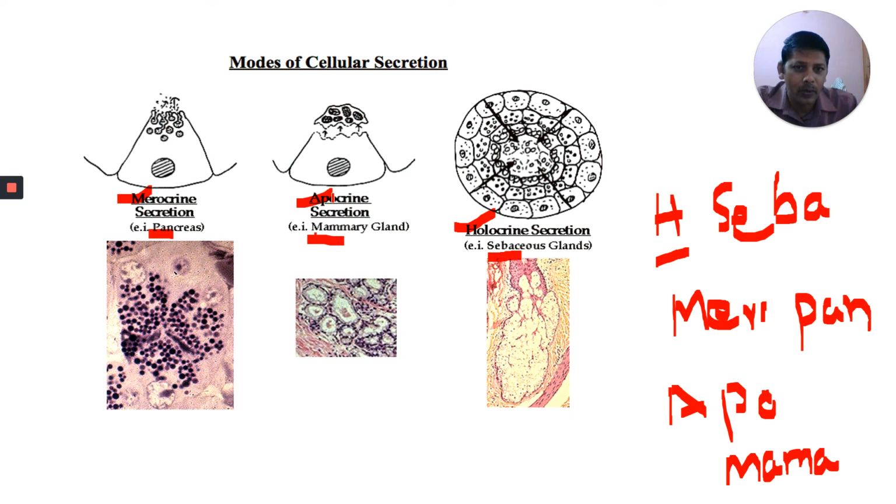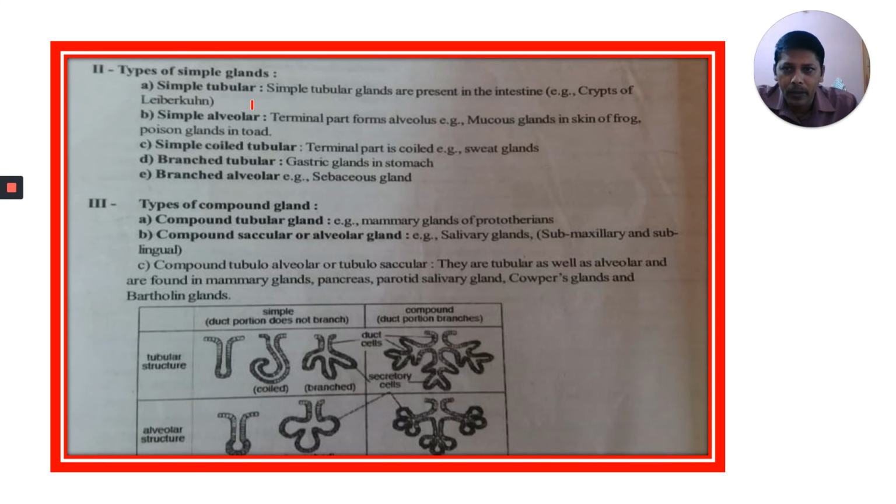In this way, you can remember that based on modes of cellular secretion, exocrine glands are divided like this. And here you can see types of simple glands and types of compound glands. You can note down this information. These are the diagrams. Next time, whenever you read the first lesson, digestion and absorption, note down these points here.